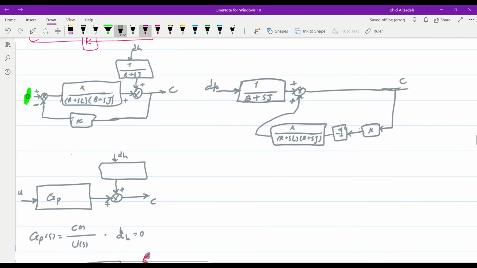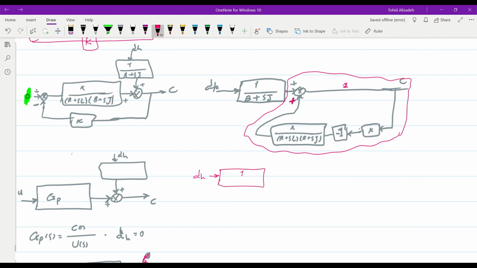Now, in order to simplify this, we can see that over here we have a feedback configuration, which is a positive feedback, referring to the sign here, with minus K squared over (R plus SL) times (B plus Sj) in the feedback path, and 1 at the feedforward path. So therefore we can redraw it in this form: 1 over B plus Sj, and then we will replace the whole thing here with a single block.